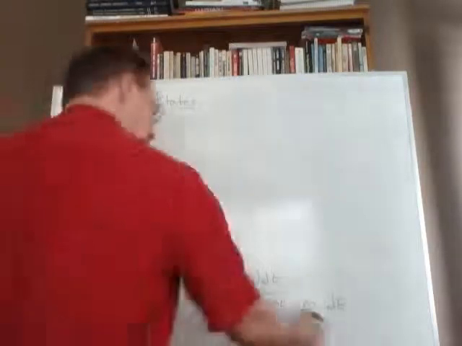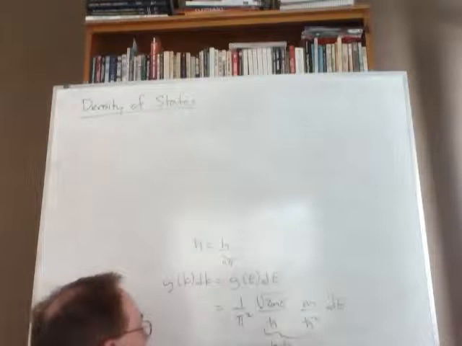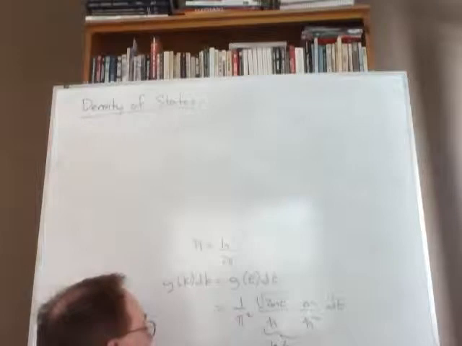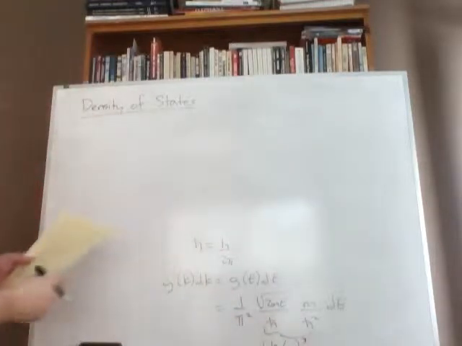And so here I've got h over 2 pi cubed. That's going to cancel. There are going to be some cancellations of pi's and 2's and everything.